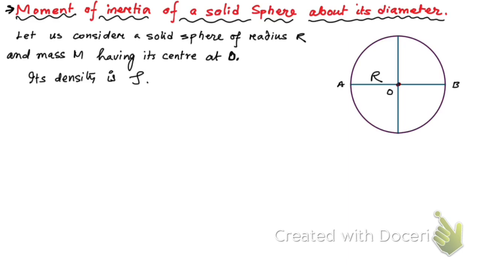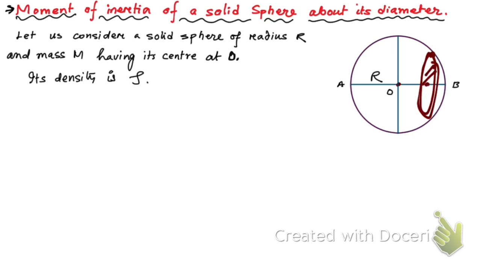Now let us assume that this sphere is divided into a very large number of circular discs like this, which are perpendicular to the axis AB. So here we have considered that this is divided into a large number of circular discs, which are perpendicular to this AB.